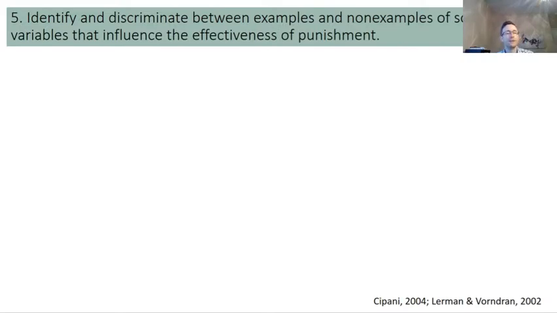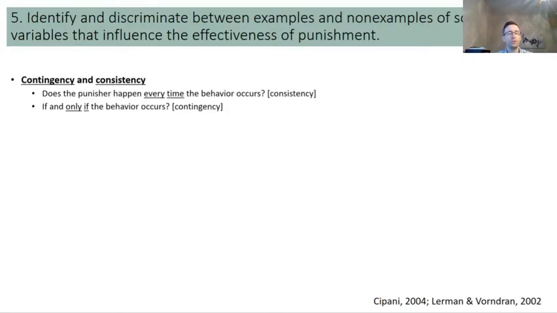Okay, objective 5 is to identify and discriminate between examples and non-examples of some variables that influence the effectiveness of punishment. So the first is contingency and consistency. Contingency refers to whether the punisher happens every time the behavior occurs. Okay, that's consistency, right?